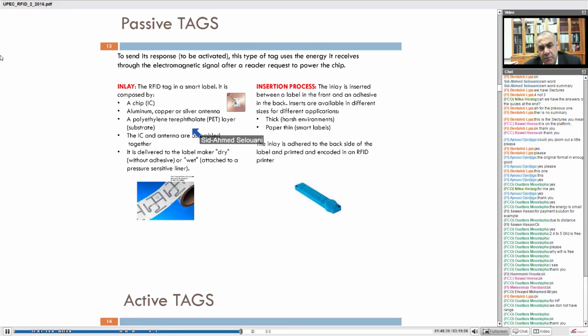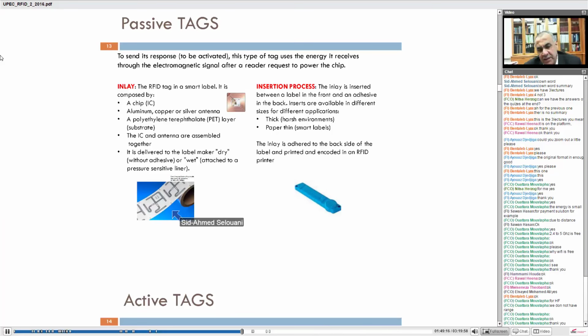The inlay is composed of the chip, the antenna in aluminum, copper or silver, and the polyethylene terephthalate PET, which is a plastic layer substrate on which we put the antenna. The IC and antenna are assembled together, okay? And this is the inlay. So the inlay is the IC and the antenna.